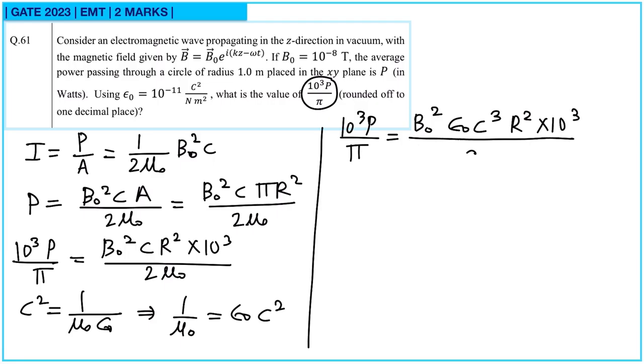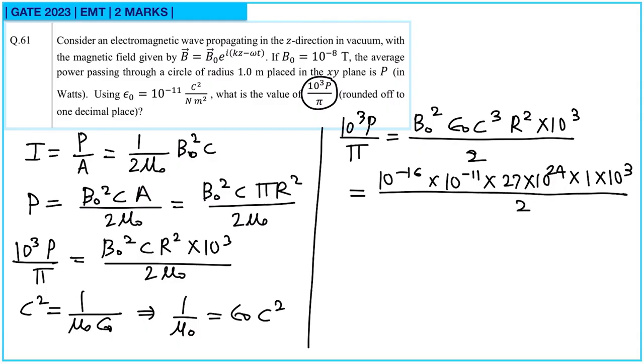So this is equal to B0 is 10 to the power minus 8. So this is 10 raised to minus 16, into epsilon naught is 10 raised to minus 11, C cube, so that is 3 cube, that is 27 into 10 to the power 24, into R square, distance is 1 meter, so that is 1 square, into 10 raised to 3 upon 2.